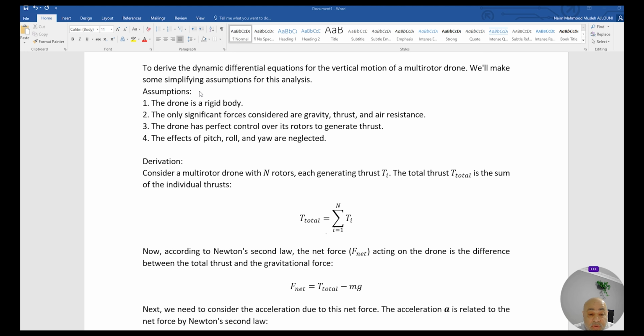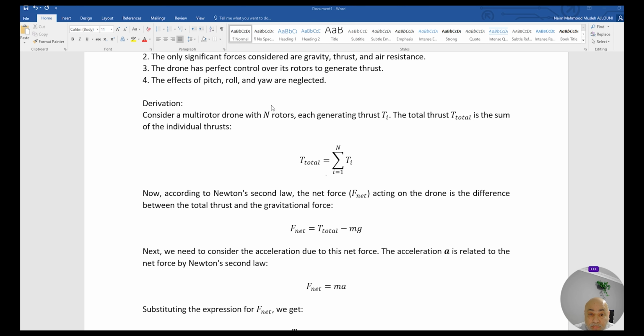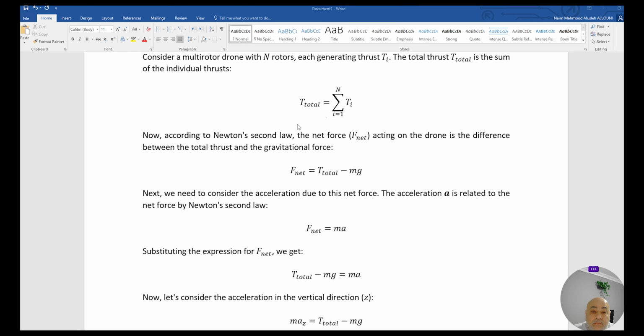We also need to consider the acceleration due to this net force, a, which is related to the net force by Newton's second law: F net is equal to mass times acceleration. If we substitute for F net in our previous equation, F net equals T total minus mg, we see that T total minus mg is equal to mass times acceleration.